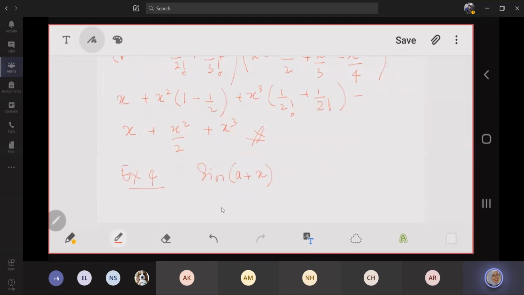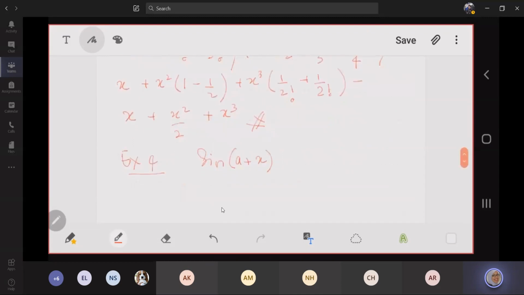What you do is you get the expansion of this: sine a cos x plus sine x cos a.